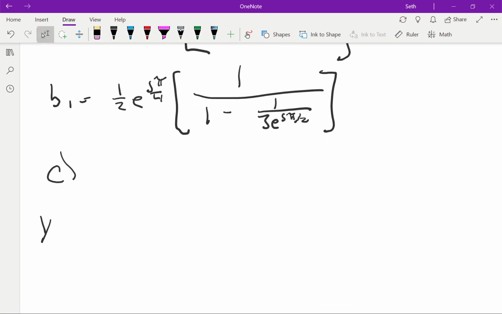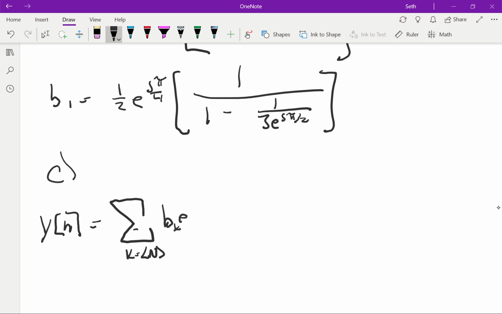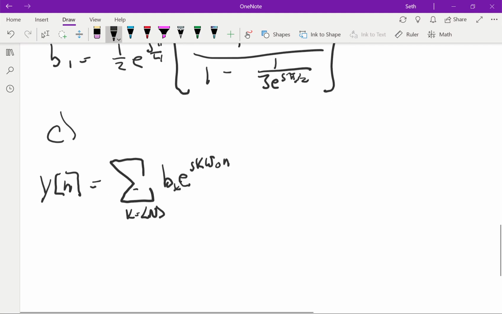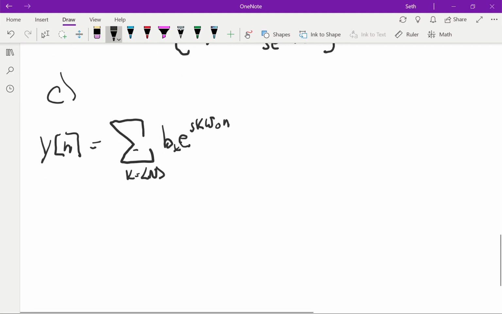The Fourier series representation is, okay, so we can write this directly.